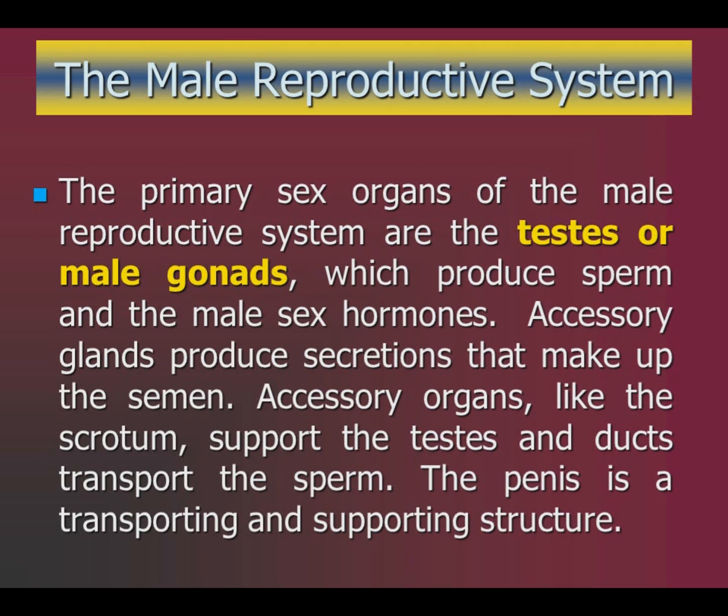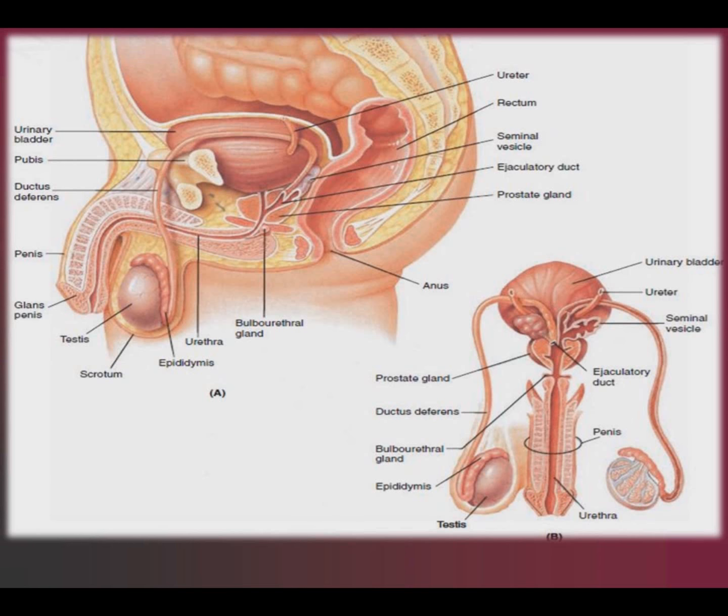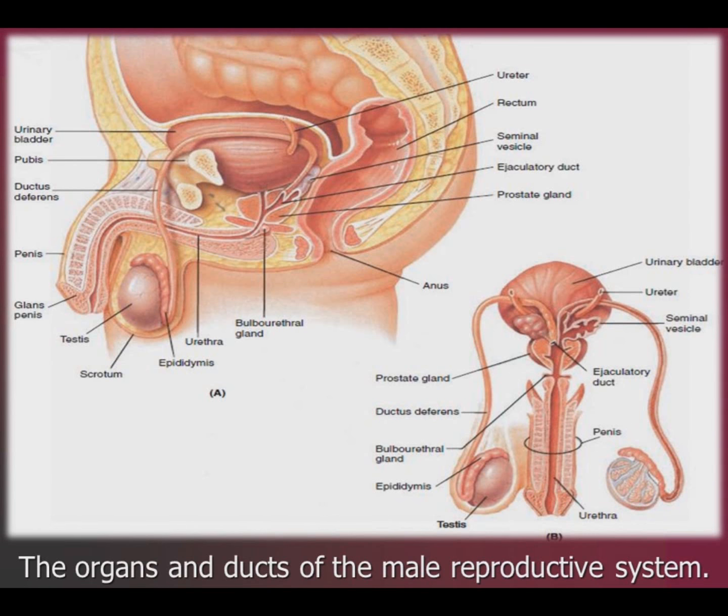Other accessory structures nurture the developing sperm cells, and various ducts store or transport the sperm to the exterior or into the female reproductive tract. Accessory glands have secretions that make up the semen. The transporting and supporting structure is the penis. As you can see, this is the organs and ducts of the male reproductive system.